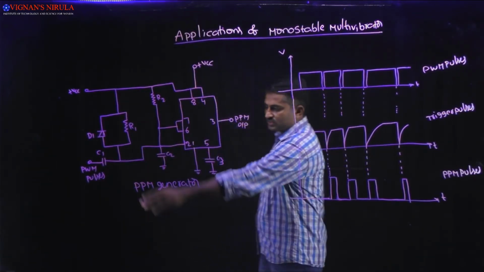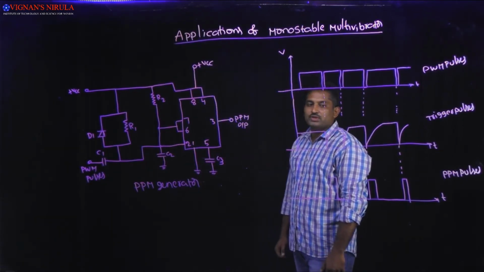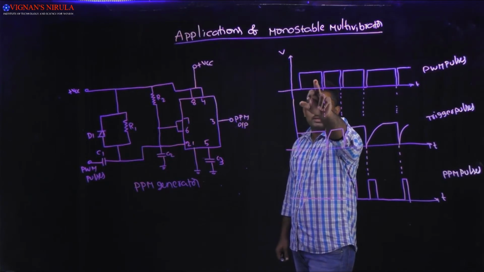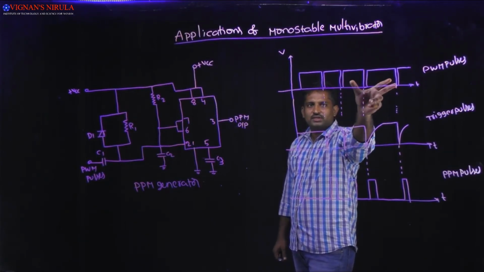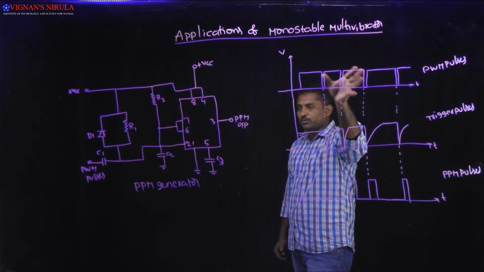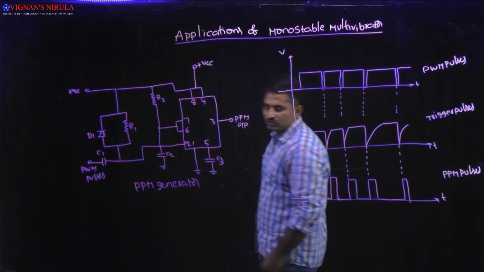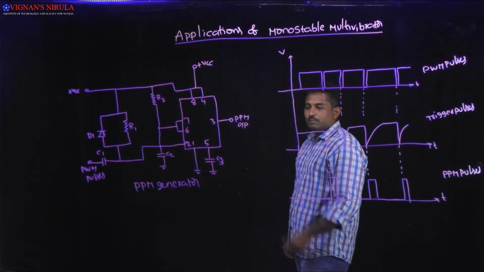Here first at the input we are applying the PWM pulses, where the width will be changing and the amplitude and the position are kept constant. Those are pulse width modulated pulses applied at the trigger input.